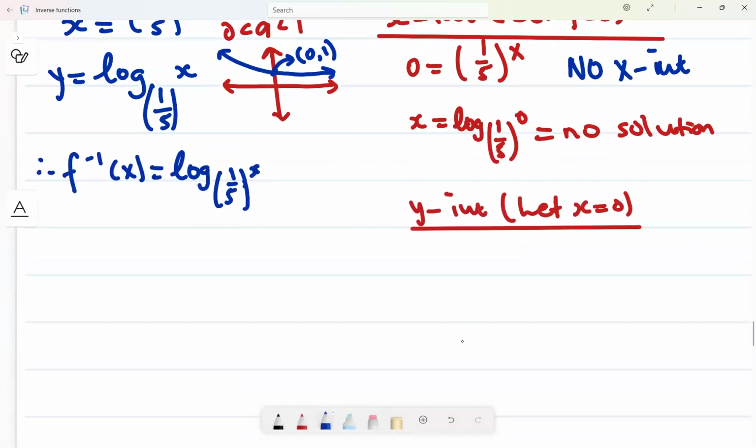It's going to be 1 either way, but it's fine. For the y-intercept, I let x equal to 0, so y is equal to 1 divided by 5 to the power of 0, which is equal to 1. So if x is equal to 0, y is equal to 1.